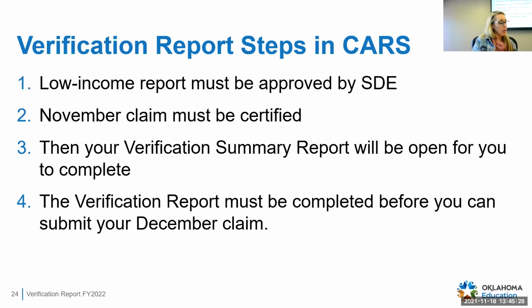3-1 is check the box only if all schools in the SFA were not required to perform direct certification. So hardly anybody will select that. We have maybe a handful that are not required to do direct certification. Most schools are required to pull direct certification.